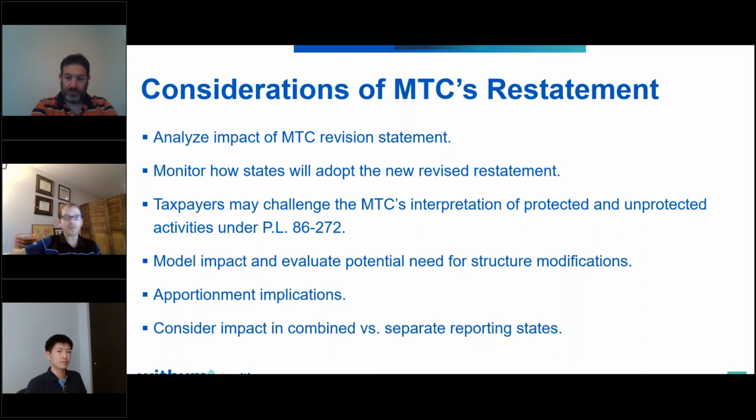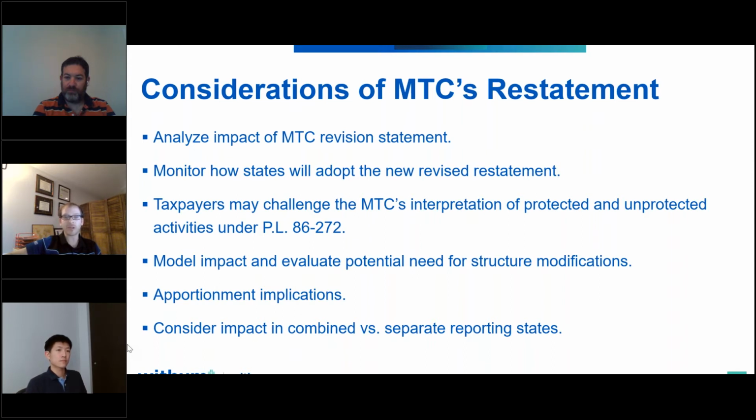What I would suggest is one thing. First, when we think about 86272, you have to make sure that you first satisfy the requirements under the old interpretation. If you don't satisfy the requirements under the pre-2021 interpretation, you're never going to get there. That's number one. Then number two, if you think it's the new interpretation that's going to result in a business failing 86272, then it's worth having a conversation: we think based on our activities we can get there, but with this new interpretation, do we change our business model a little bit?